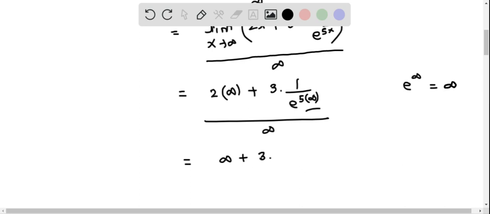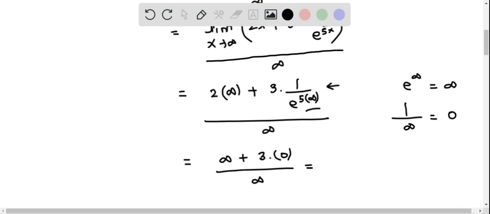So this is equivalent to 1 over infinity, and 1 over infinity is 0, that is 1 divided by some large number. We can see that it approaches 0, so we replace this by 0 and we get infinity over here.